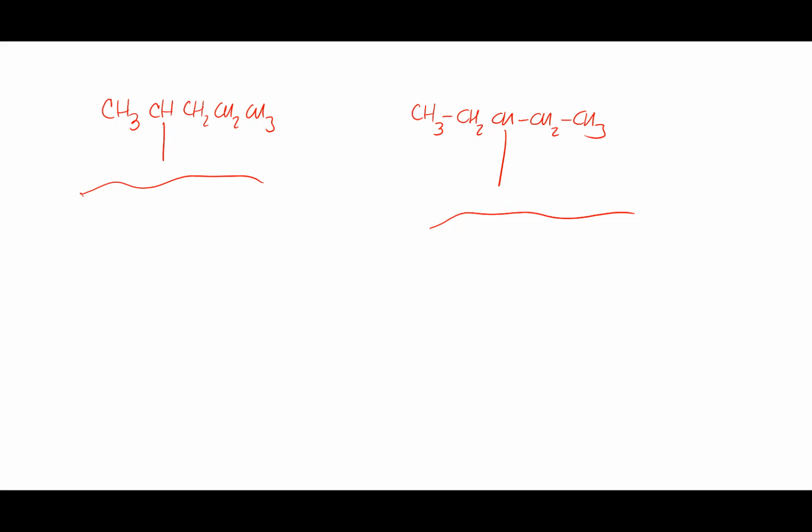So how would I name these? First step is I'm going to name these alkyl groups using the same rules I used to name the alkane, except they're actually a little bit easier.